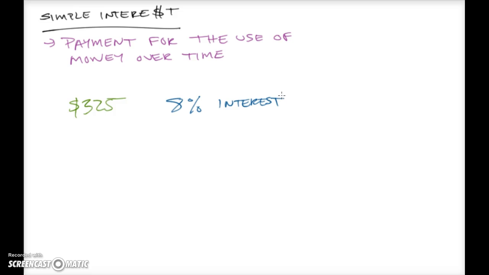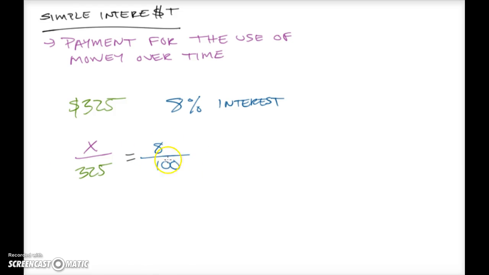So maybe you want to figure out what that 8% interest is going to be. Let's say I have x out of 325. I need to know how much of 325 is 8%, so I'm going to say that equals 8 out of 100.